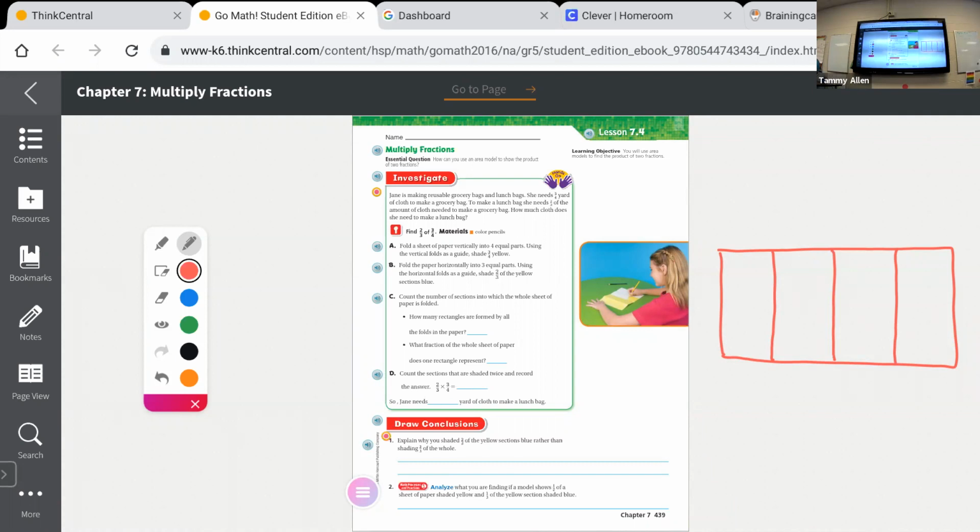That is the same as taking this piece of paper here and dividing it into fourths that way, right? Everybody understand that? Okay? And if I want 3/4 of it, I shade in 3 of the sections, right?